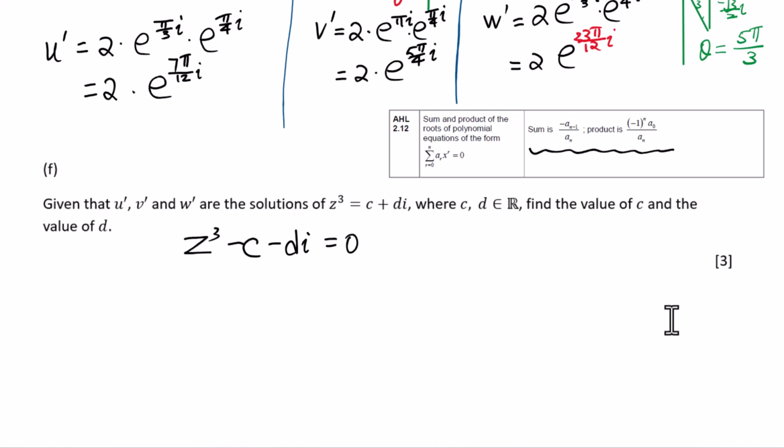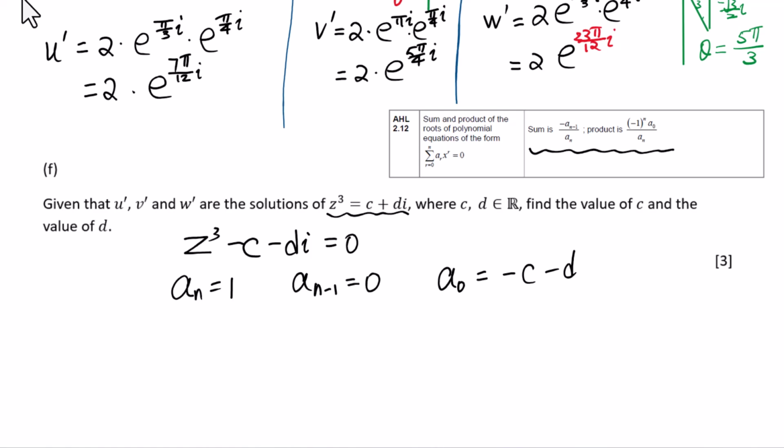You have to change the complex equation into equal to 0 form. Then a sub n equals 1, a sub n minus 1 equals 0, a sub 0 equals negative c minus di.